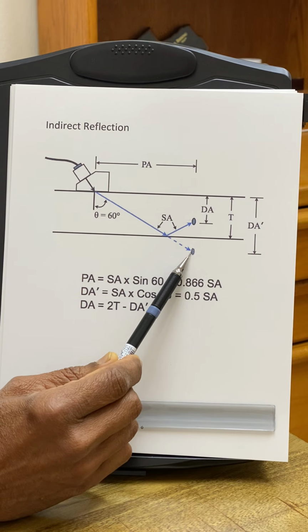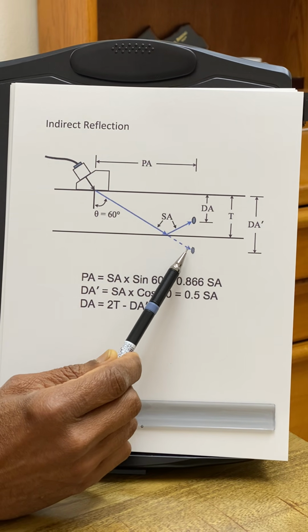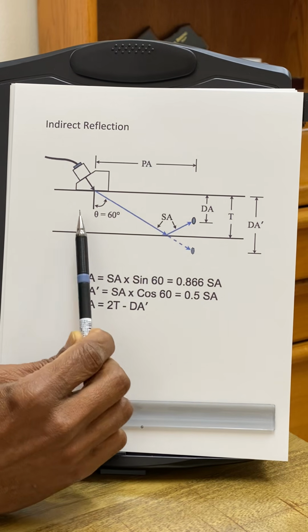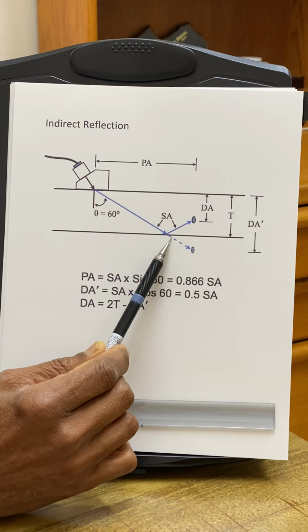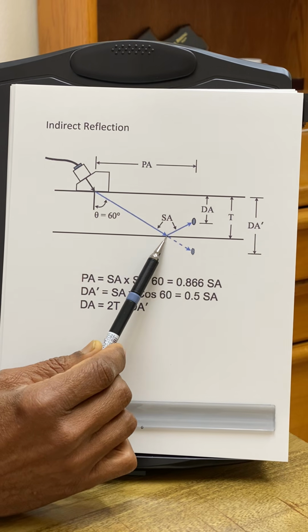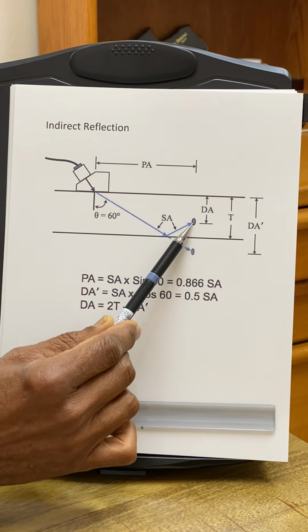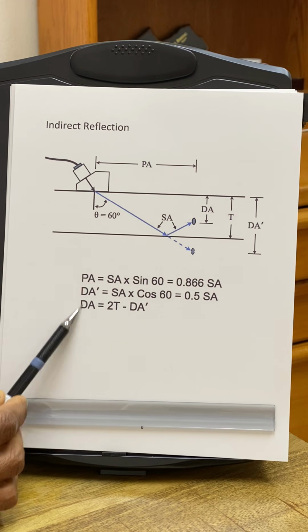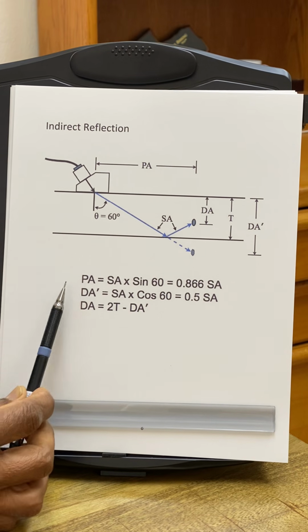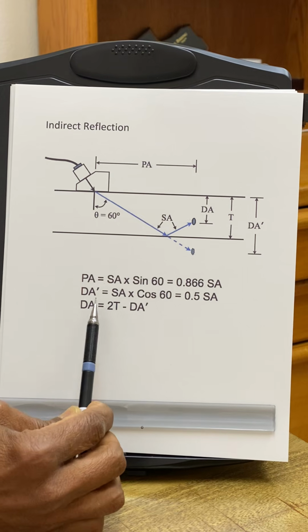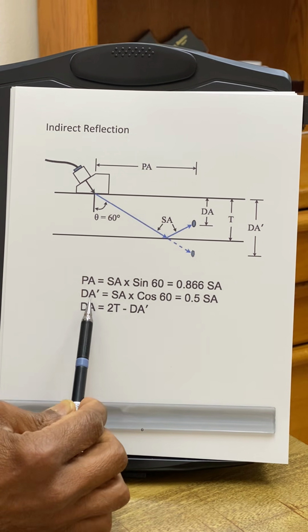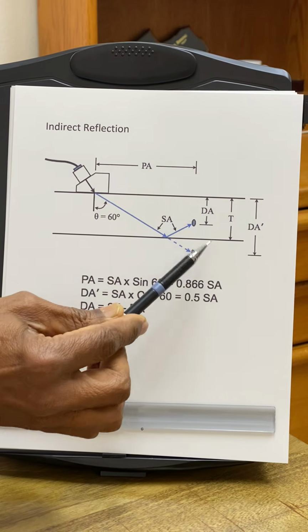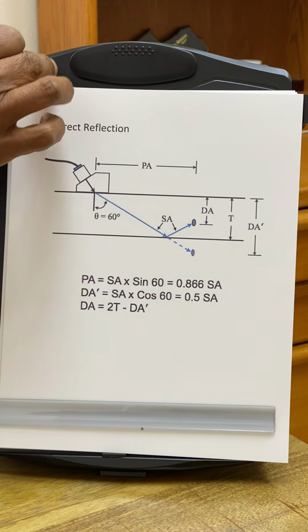So what we do is tell the machine the thickness of this pipe, so that it automatically takes that into account and places the reflector inside the volume of that component. Here are the formulas: PA is the same, but DA actually becomes 2T minus DA dash, which is right here. So then it places it right inside the pipe thickness.